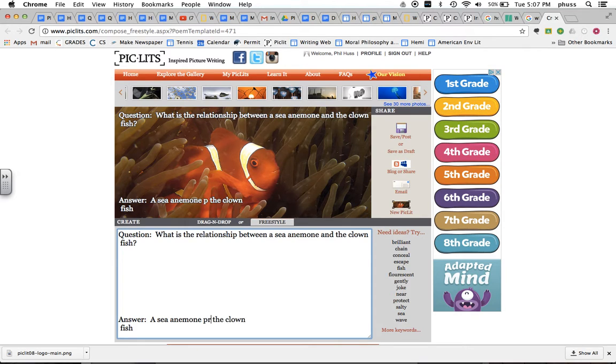protects the clownfish from predators. The sea anemone's stinging tentacles protect the clownfish from predators, and the clownfish keeps anemone-eating fish away.